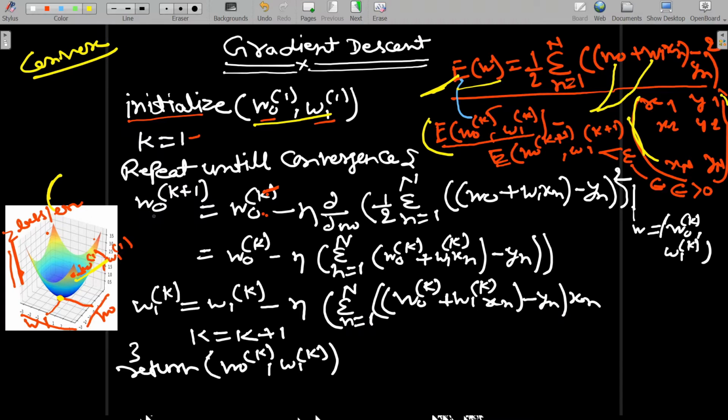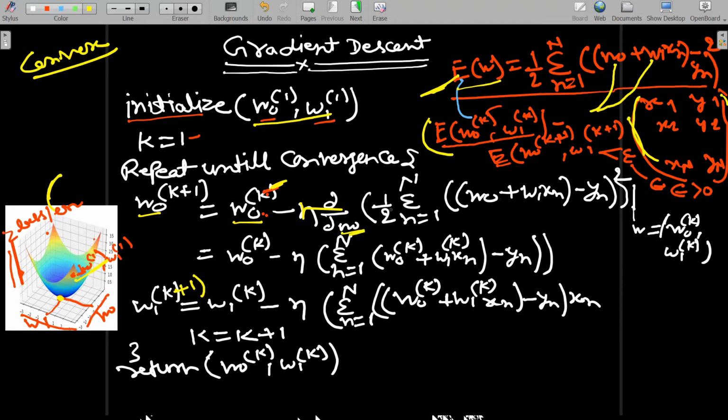And now what you do, we have to take the next point, which is nothing but W0k plus 1 and W1k plus 1, the next point. So W0k plus 1 can be found out as W0k minus eta times the partial derivative of the error function with respect to W0.